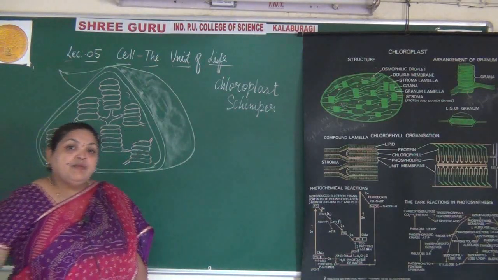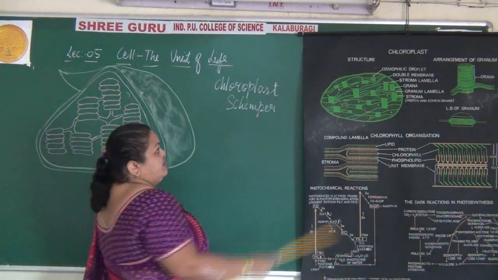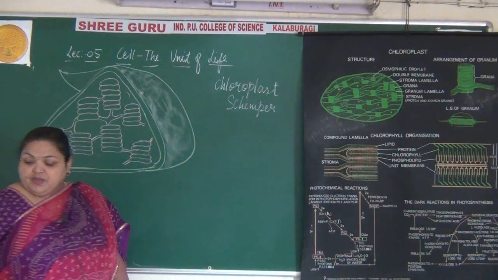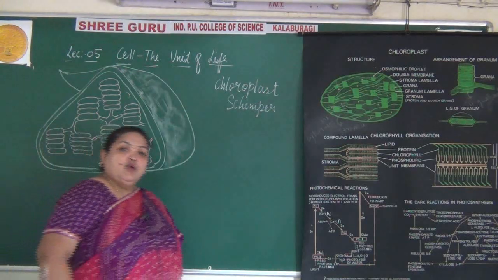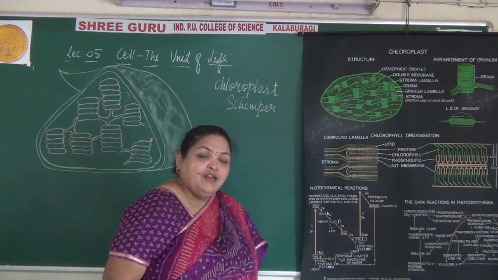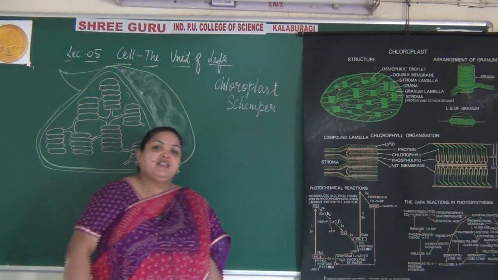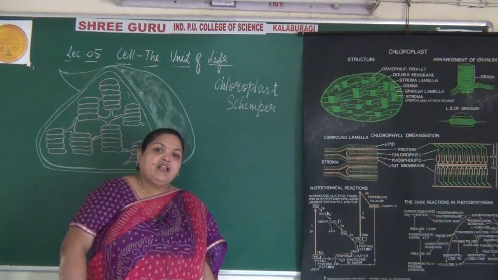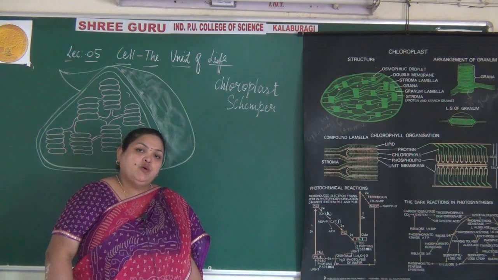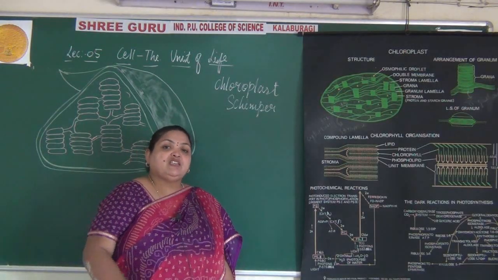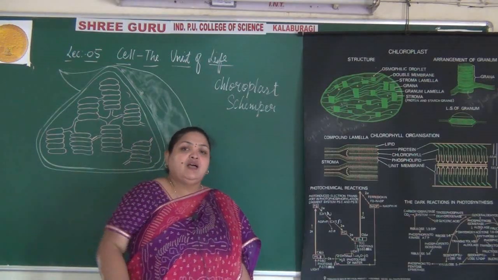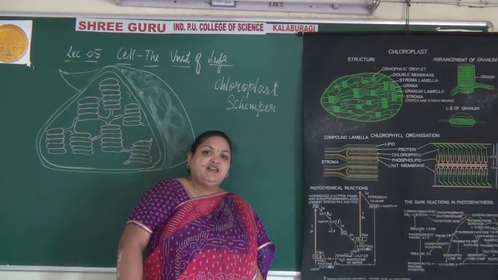It is a double membrane organelle with an outer membrane and an inner membrane. Chloroplasts are usually present in the mesophyll tissue of the cells. There can be around 20 to 200 chloroplasts in each of the cells, usually the plant cells present in the leaves.